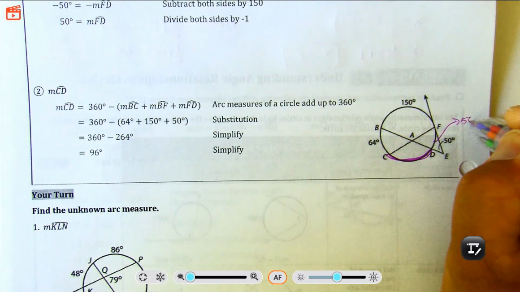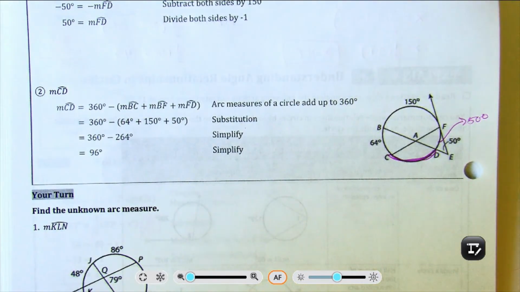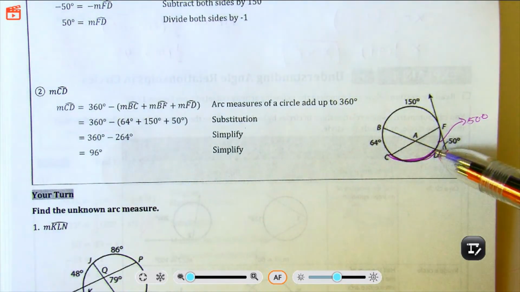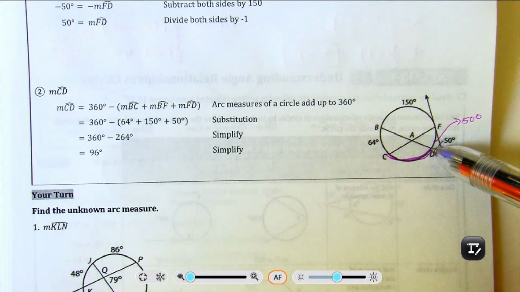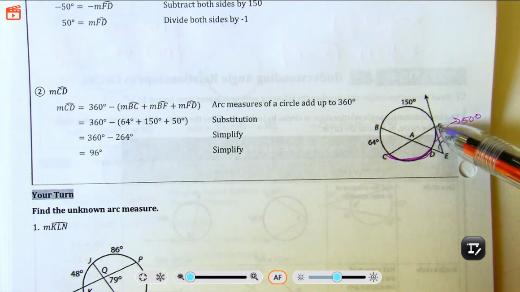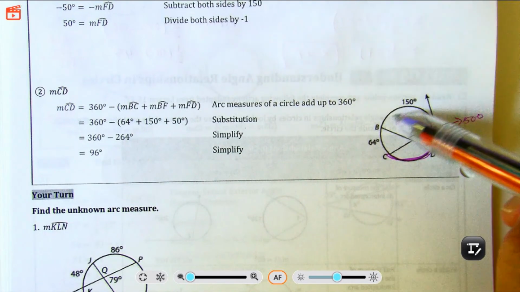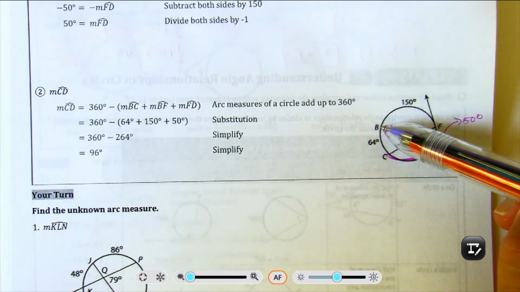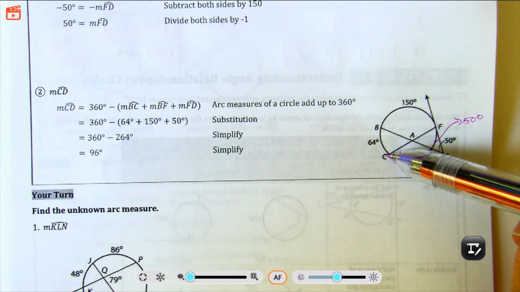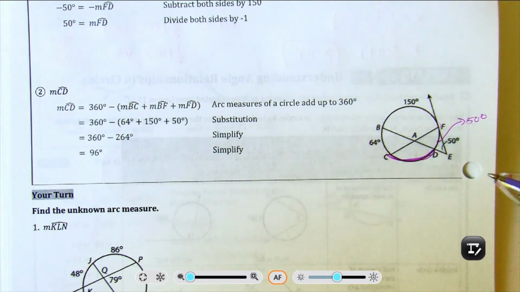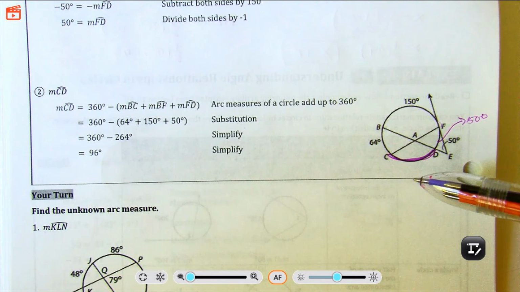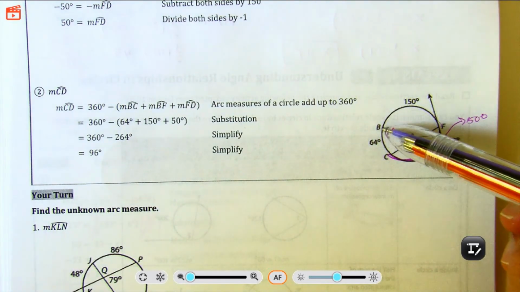Let's look at how I'm going to be tracing the arc. If I start here, from D to F, that's 50. From F to B, that's 150. From B to C, that's 64. And the question is, what is from C to D? The trick to doing this problem is knowing that all arcs add up to 360 degrees.